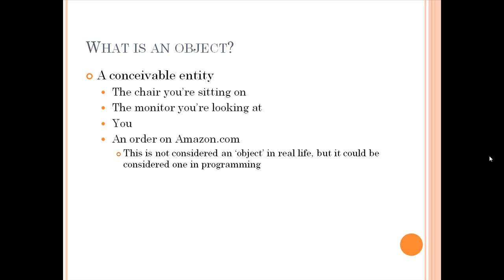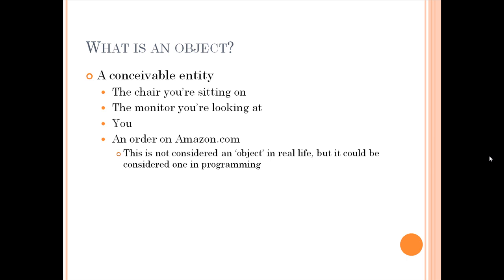You think of an order on Amazon.com. And I'm not talking about a piece of printed paper with the order on it. I'm just talking about the order itself that somebody has placed, before it's ever printed or shipped or anything like that. That is an object in programming. That's the kind of thing that would not be considered an object in real life.